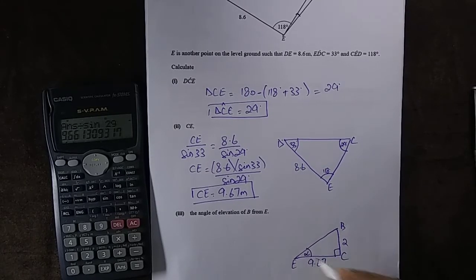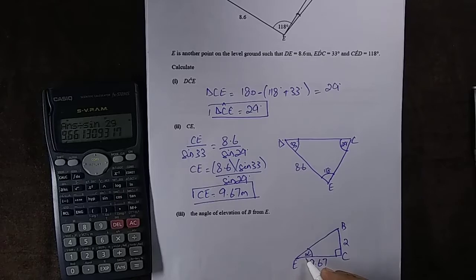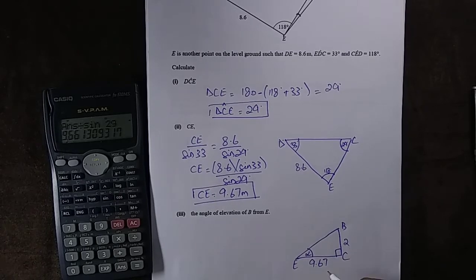Let it be alpha. So with respect to angle alpha, we have a perpendicular and a base.